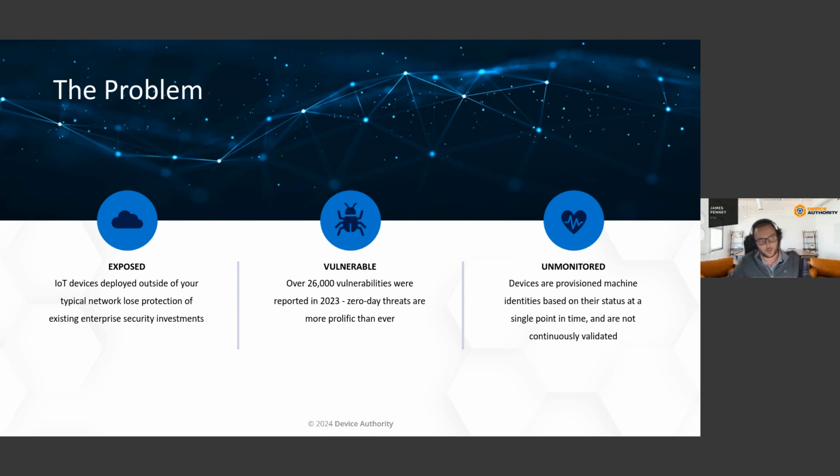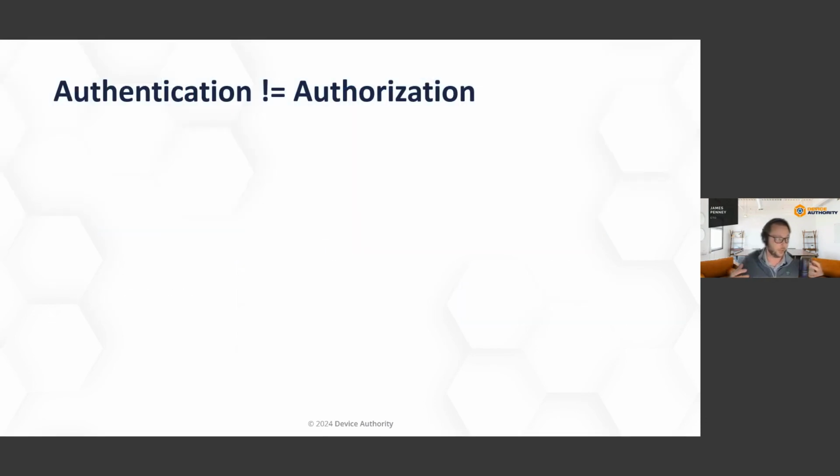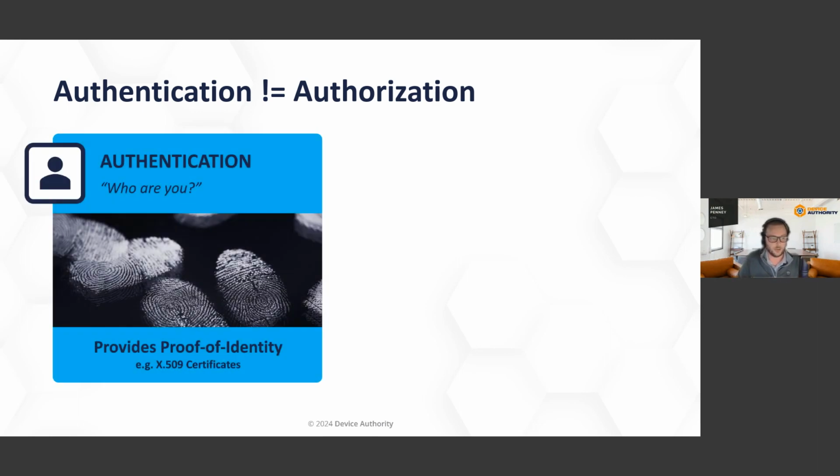I feel like authentication and authorization get put into two separate buckets, right? One is a bit easier to do than the other, and I'll explain why. Authentication is not the same as authorization. I'm sure everyone knows that.